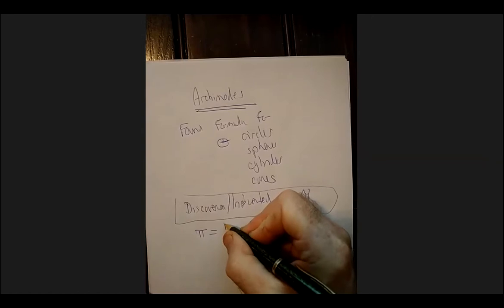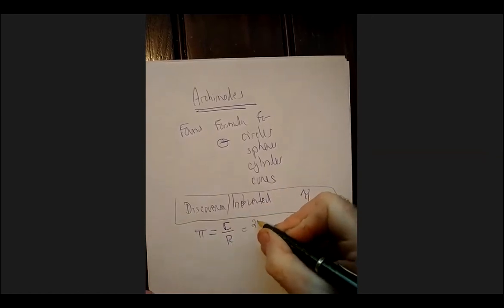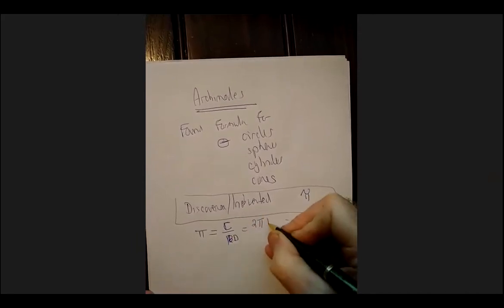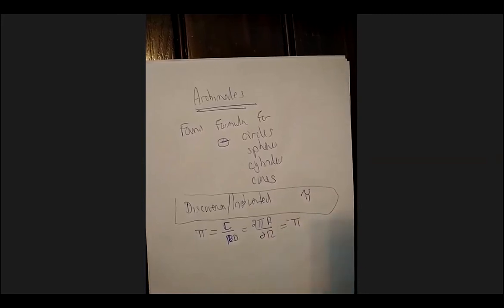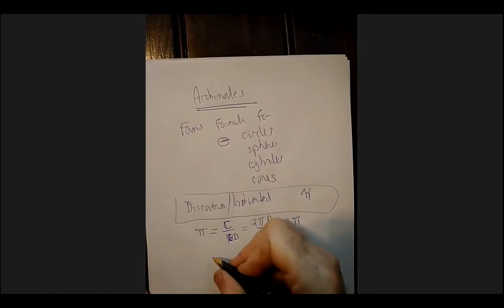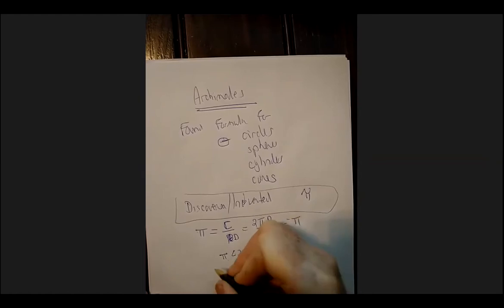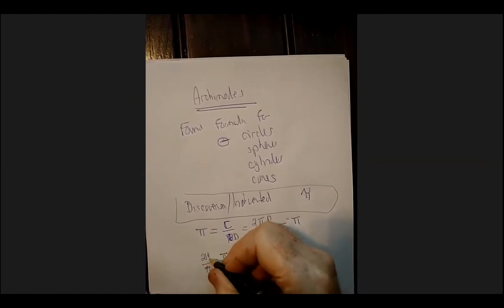He saw pi as the ratio of the circumference over the radius, I'm sorry, over the diameter, which is immediate if you do that. That's how he saw it. And he was able to show, I think this is what he showed, something like this.